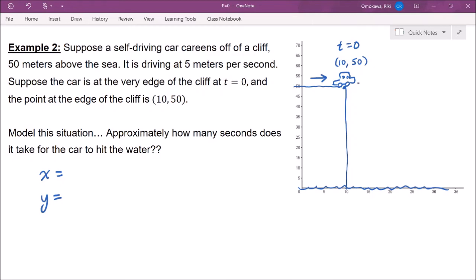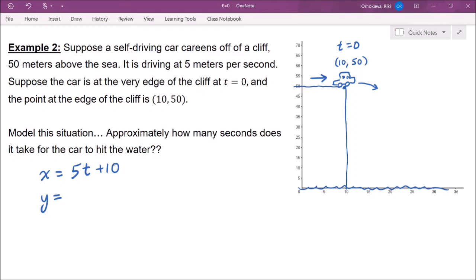And actually, when it falls off, its horizontal movement, again, independent of the vertical movement, it's just going to keep going at 5 meters per second. So 5. Although don't forget that it starts at 10 meters horizontally, so 5t plus 10.